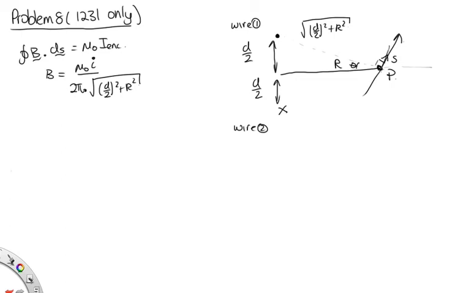The angle between the tangent and the radius is 90, so that's 90 there. And so if we draw a triangle this way, this is theta. So we know that sine theta, from this triangle, is equal to opposite over hypotenuse, so d over 2 over root of (d on 2) squared plus r squared.